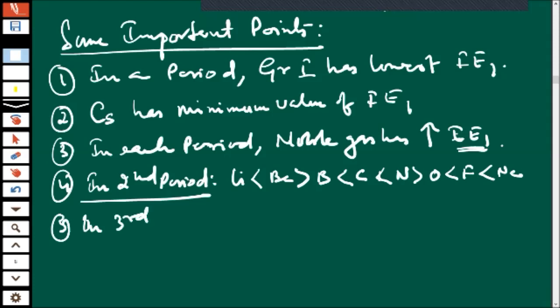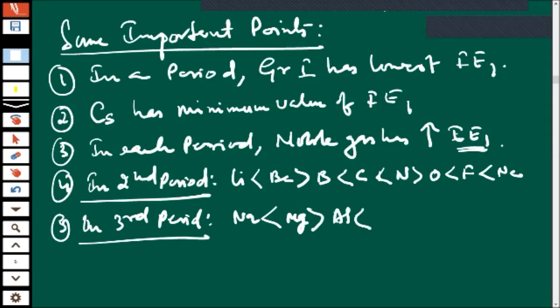In the third period, same type: Na, then magnesium, then aluminium, then silicon, then phosphorus, then sulfur, then chlorine, and then argon.